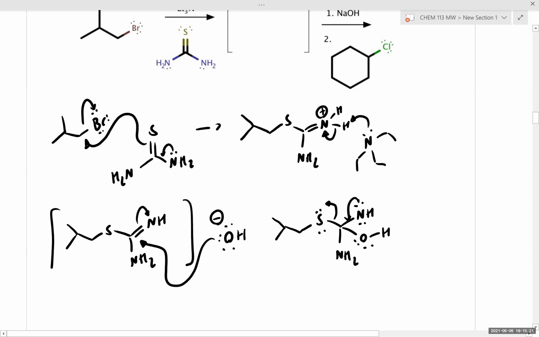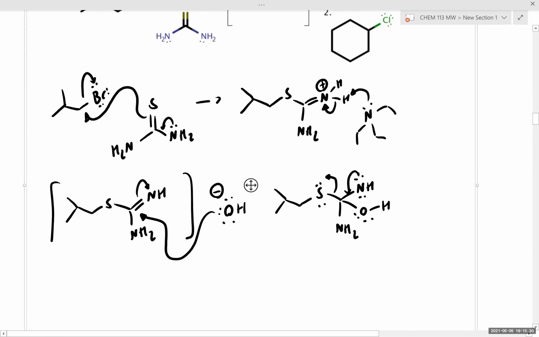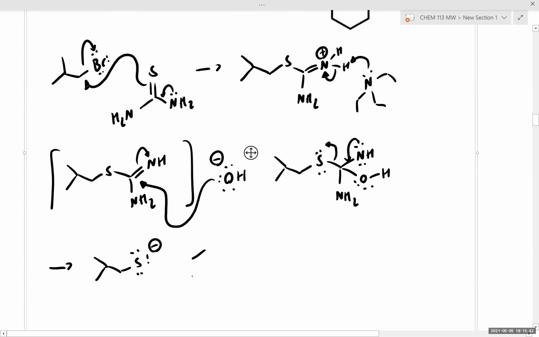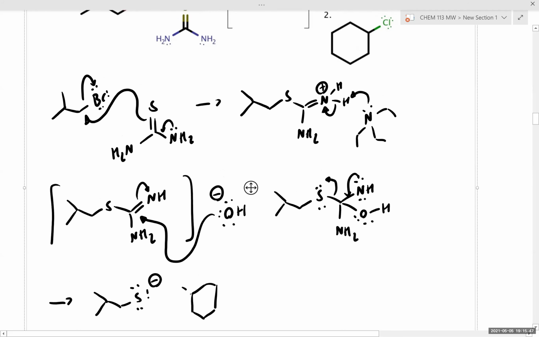So in this case, we lose our thiol as a leaving group. That in turn gives us this thiol-derived anion, which can then react with common nucleophiles, in this case, this cyclohexyl chloride.